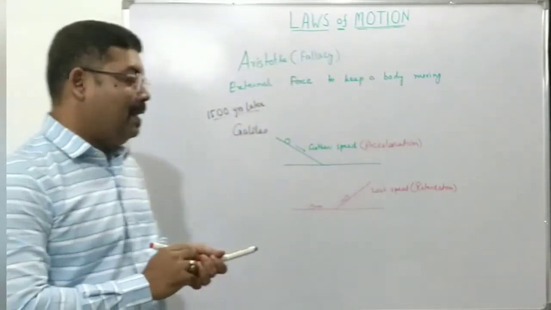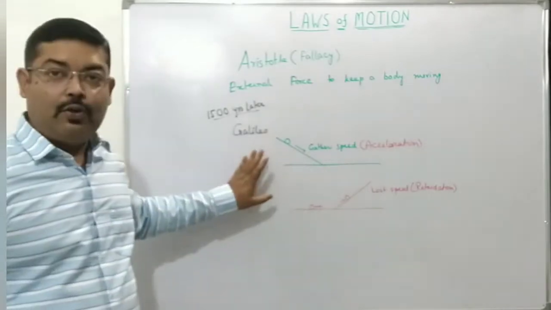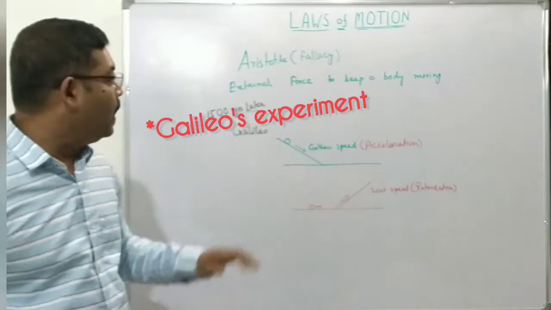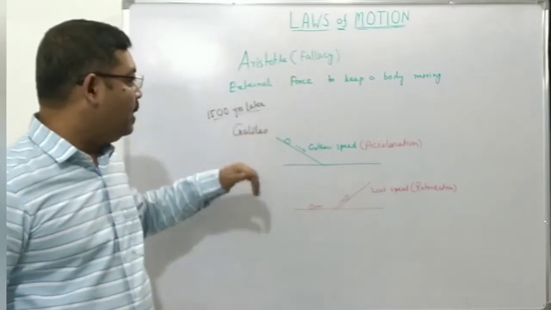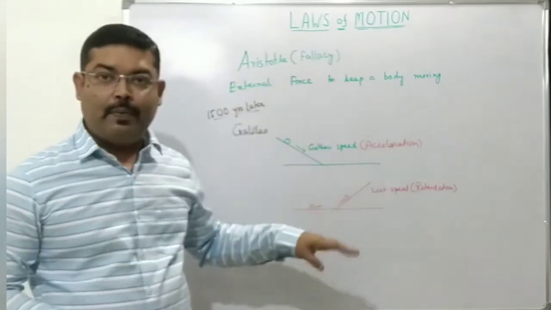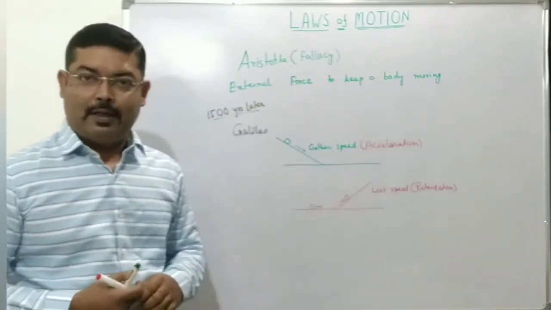So, what is the natural conclusion of these two experiments? By the way, this is known as Galileo's experiment with a single incline. What it shows is that if an object moves down a slope, it will accelerate. If it moves up a slope, then it will decelerate.